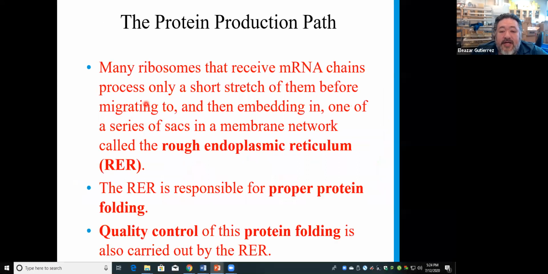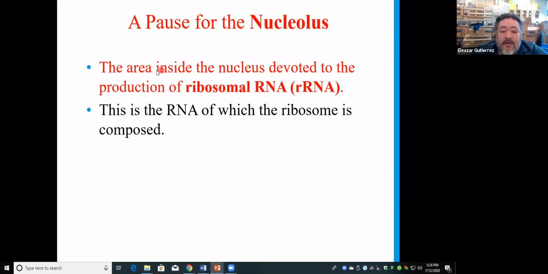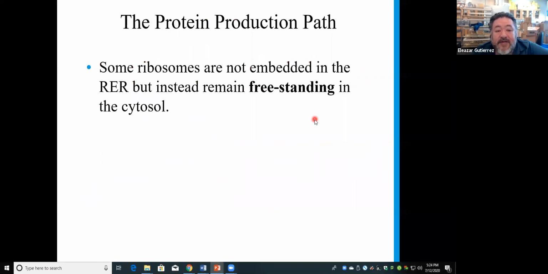And the nucleolus is responsible for the production of ribosomal RNA. So this is responsible for producing that RNA that's going to be used by the ribosome itself. This is what the ribosome is made out of, ribosomal RNA and protein.